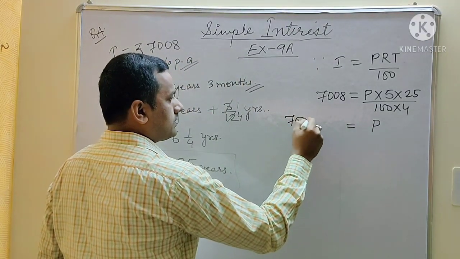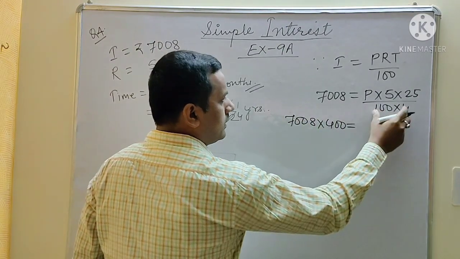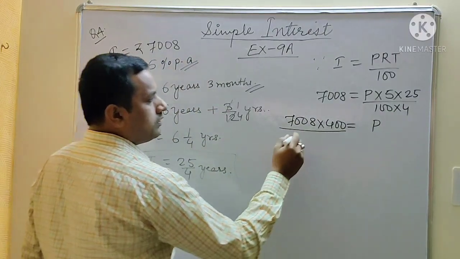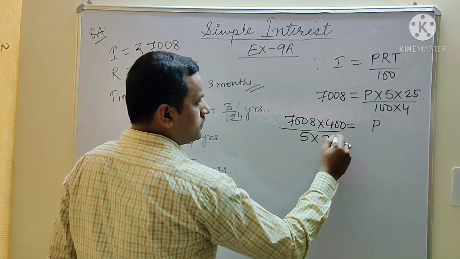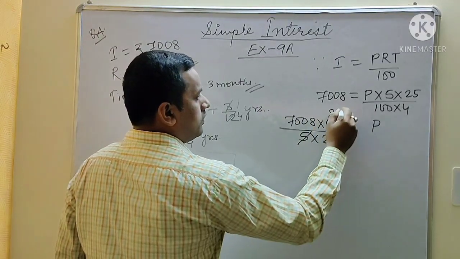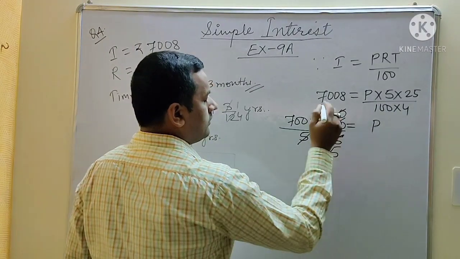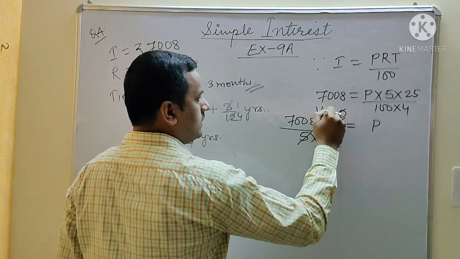So we can write again 7,008 into 100 into 4 upon 5 into 25. From here we can cancel it out. We get 80, again 5, it will become 16.